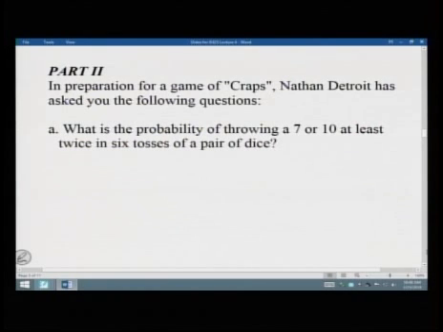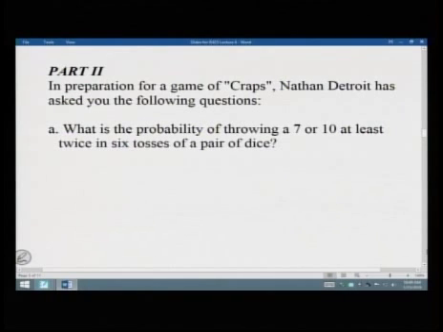So we know that there are 36 different outcomes if you toss a pair of dice, right? 6 times 6 is 36. Then out of those 36 outcomes, how many different ways can you obtain the outcome of 7 or 10? We need to have that number first, right?